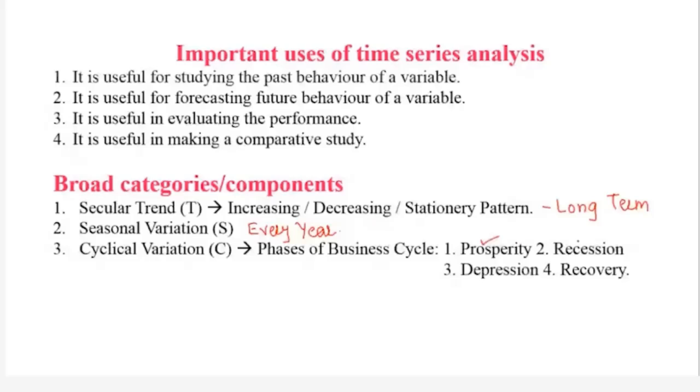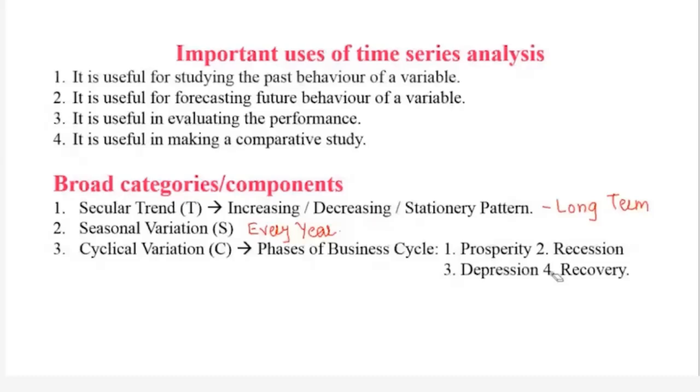Then it keeps going down, that is recession. The bottom is called depression, and then recovery starts. Ups and downs. Have you heard this word? In business, there are ups and downs. Every business has ups and downs.